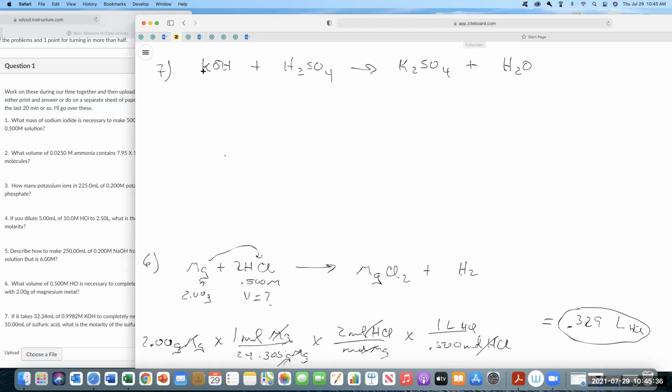And let's see, I need a 2 here and a 2 here. Then I'm told I have 32.34 milliliters. I have 0.9982 molar. I have 10 mils of this. And I want to find the molarity.